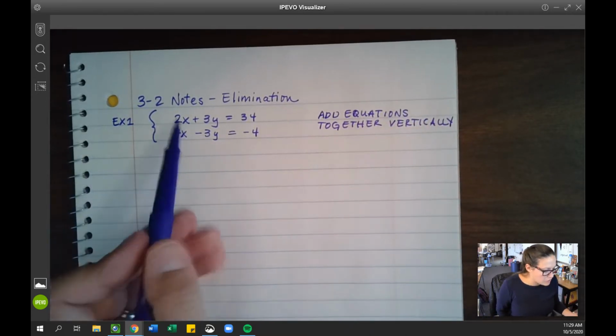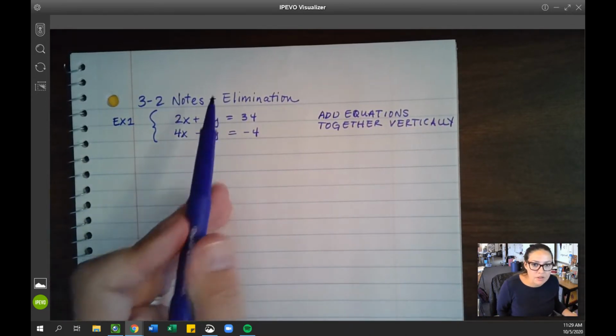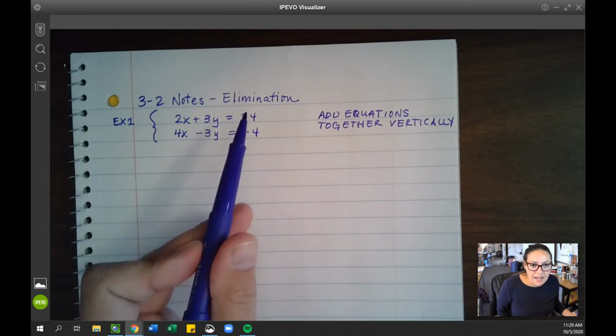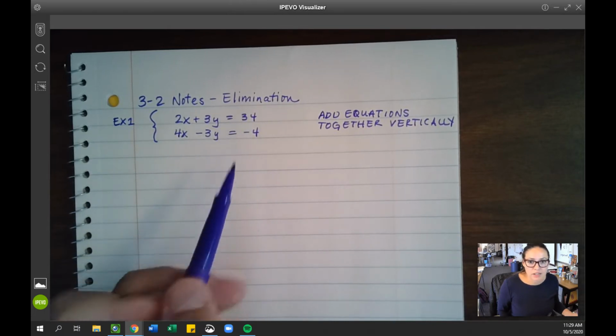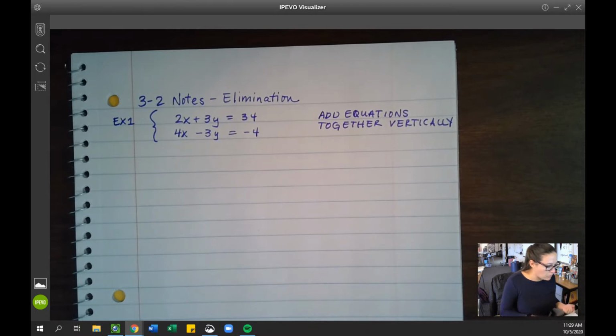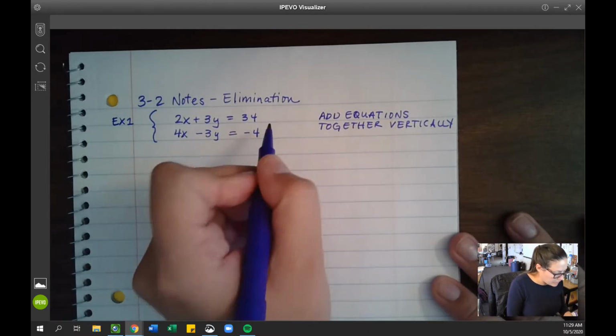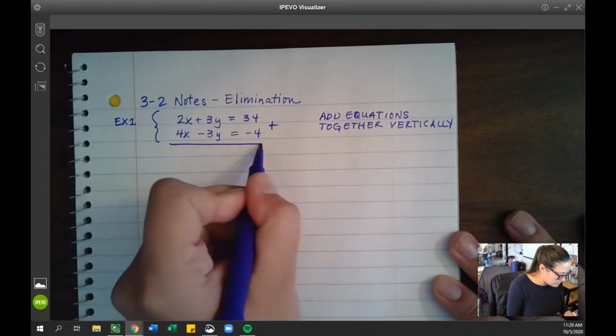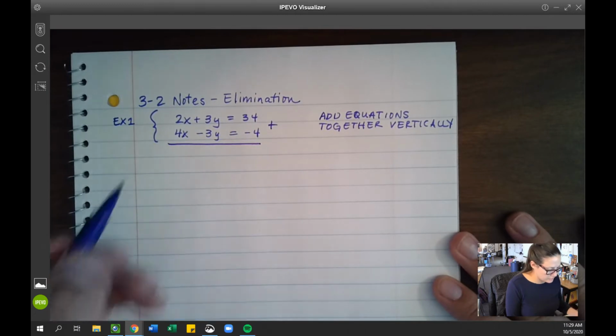So it's important that you note that the x's are lined up, the y's are lined up, and the constants and the equal signs are lined up. So watch what happens when I add these together vertically.